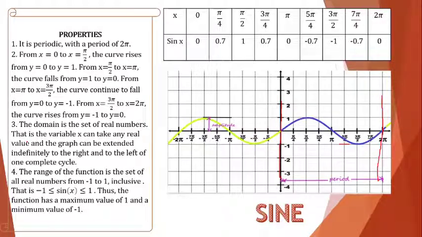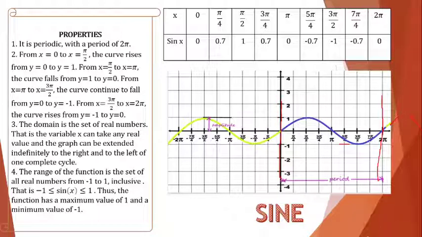So, next, sa property 3 natin, the domain is the set of real numbers, that is, the variable x can take any real value and the graph can be extended. Sabi na nga natin, pwede natin siya ma-extend. Halimbawa dito, pwede niyo siya i-extend papunta rito, at ganun din naman, pwede niyo siyang i-extend papunta roon, kahit lagpas pa sa screen ninyo.